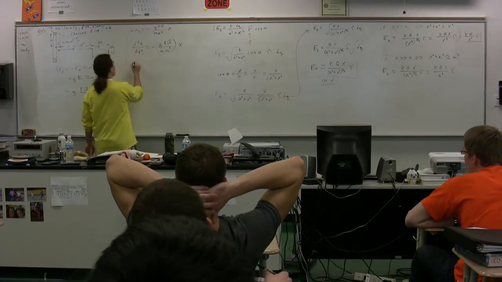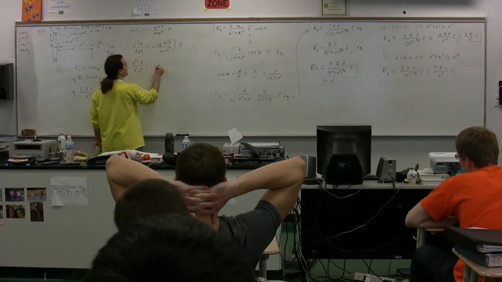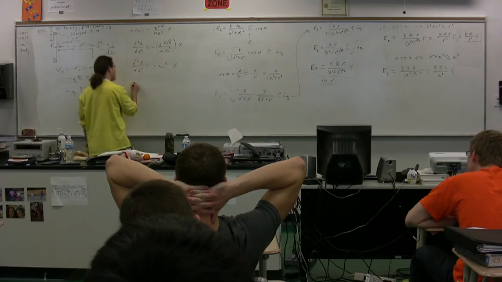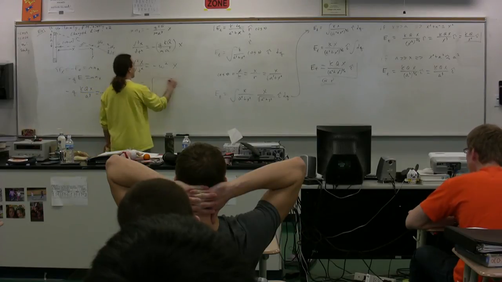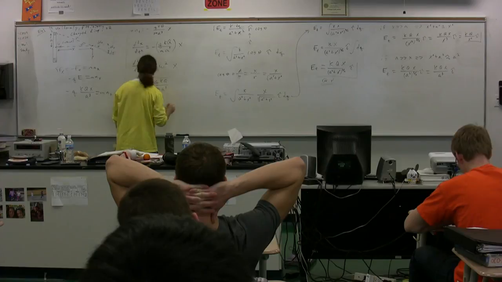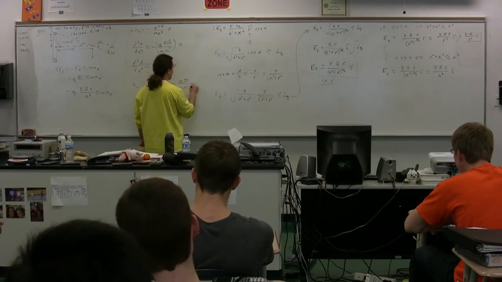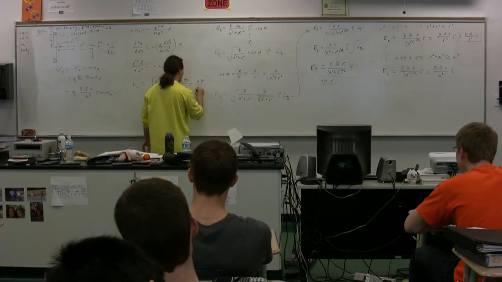It's simple harmonic motion. The second derivative of position as a function of time is equal to negative omega squared times x. Omega is equal to the square root of q times k times big Q divided by m a cubed. In other words, this is equal to the change in theta over change in time, which is equal to 2 pi divided by the period.